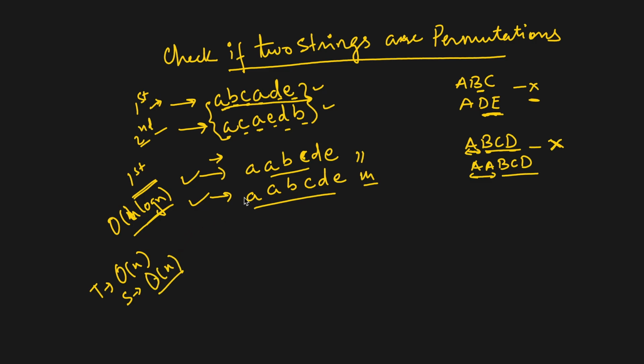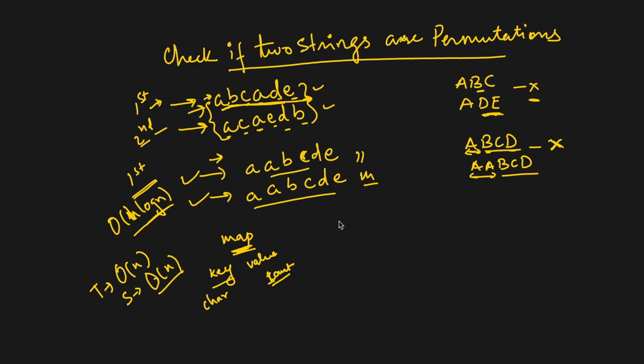What we can do is maintain a map or dictionary. First we'll iterate over the first string and maintain a map. The key in the map would be the character, and the value would be its count, the number of times it appears in the string. So now let's do that.